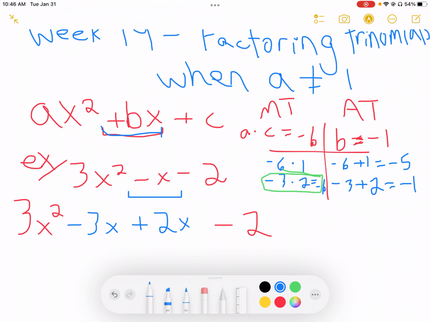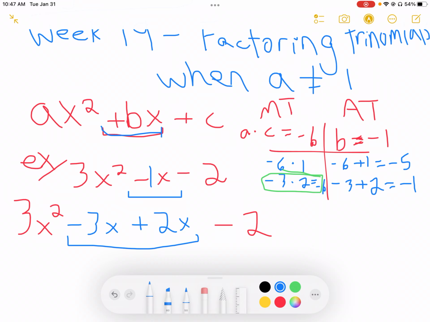Stay with me for a second, right? If I break those two numbers up like that, because I found the numbers that multiply to a times c and add to b, if I add these numbers together, what do I get? Minus 3x plus 2x would just equal minus x, or I could have written minus 1x up there, okay?